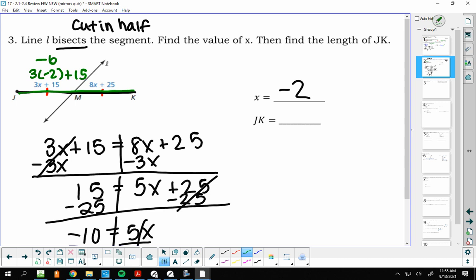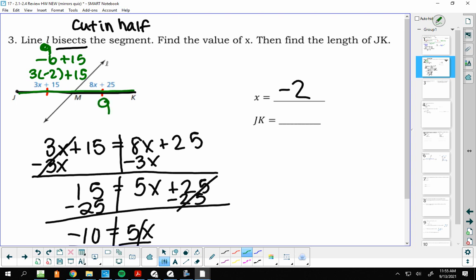So that's multiply first. That's negative 6. Then we add. Negative 6 plus 15 is 9. I like to think of that as 15 minus 6 because I think it's easier to think of it that way. And if that half is 9, then how big is this half? 9. Yeah, good, because they're congruent.